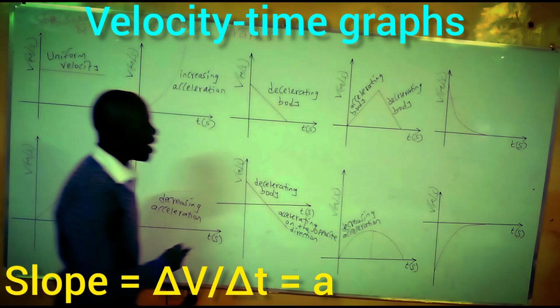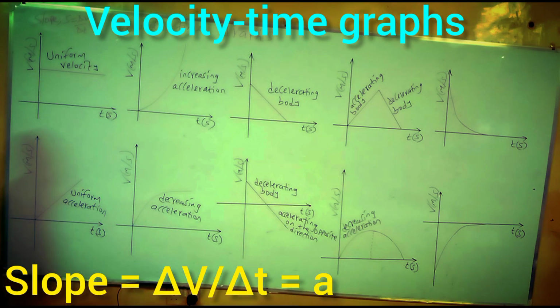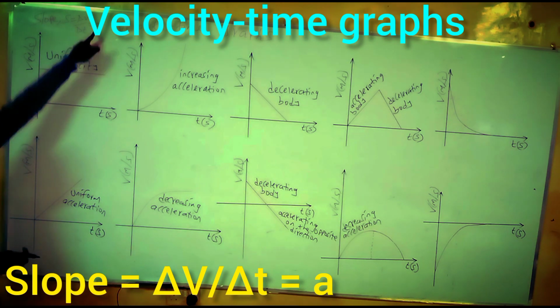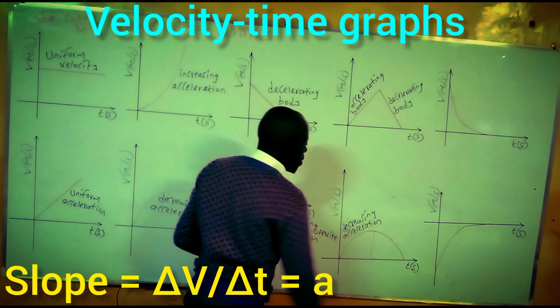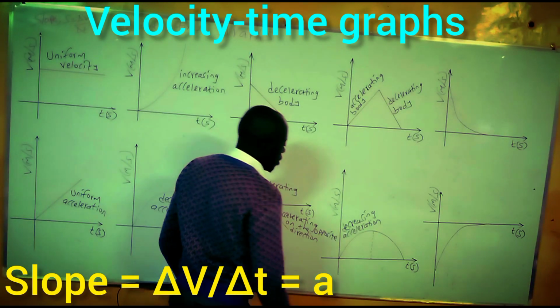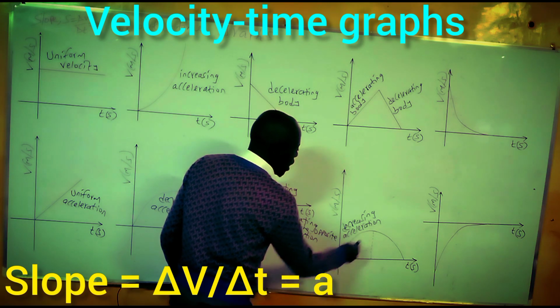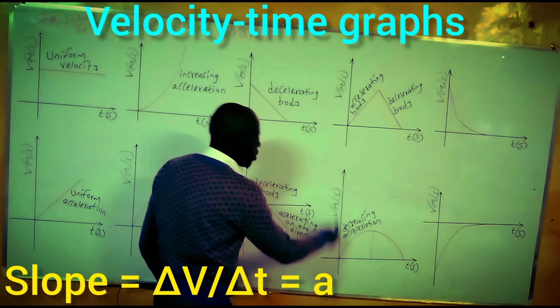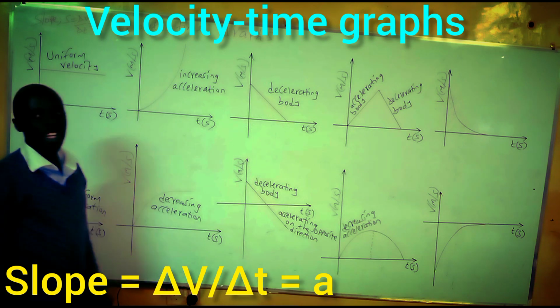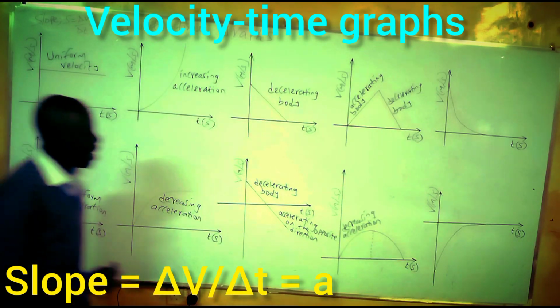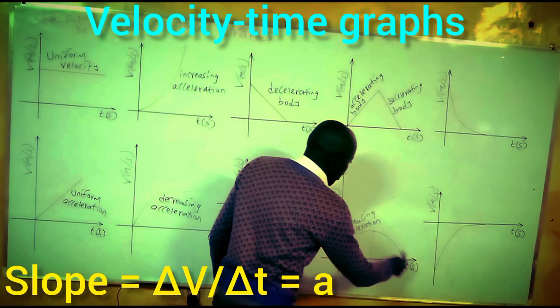Somebody would wonder why it is decreasing acceleration. We have seen the slope represents acceleration, so as long as the slope is decreasing, acceleration is decreasing. Again, the body is accelerating: the velocity is increasing, only that the acceleration is decreasing.